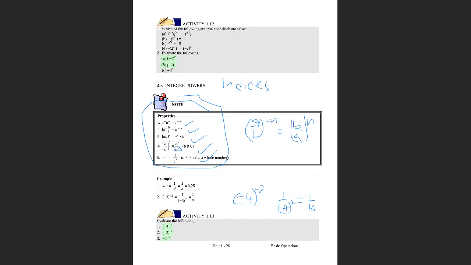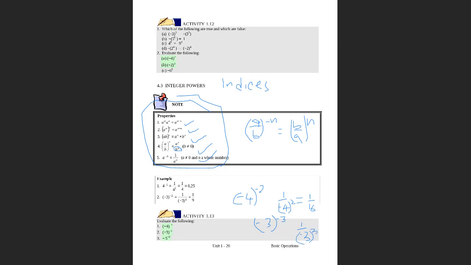Then the next one we have negative 3 all exponents minus 3. It will be the same as 1 over negative 3 exponent positive 3.